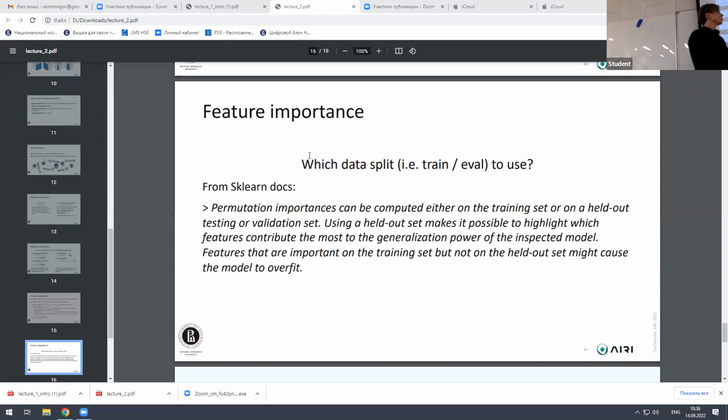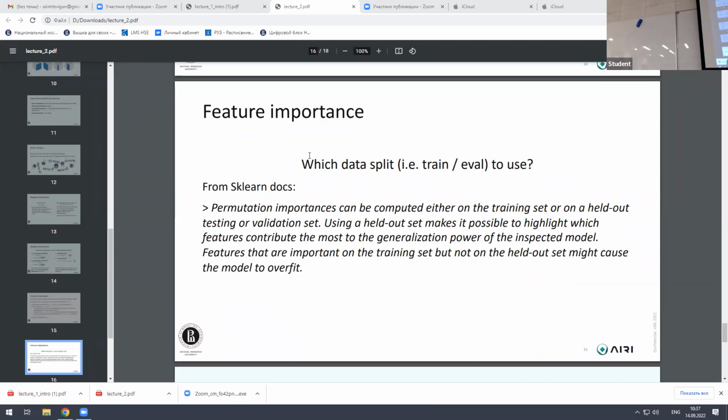But we can also use this algorithm to detect the features which lead our models to overfitting. And we can do the following thing. We can calculate this on some held out set and highlight some important and not important features. And at the same time, we can do this on the training set.